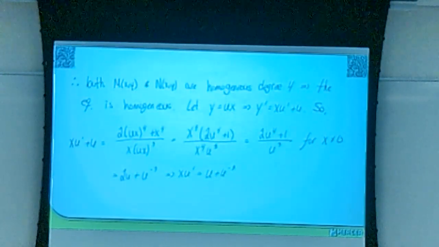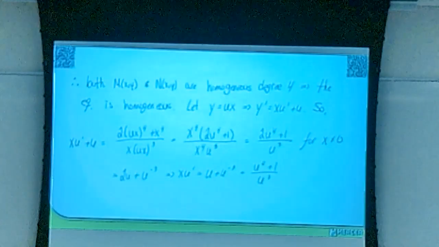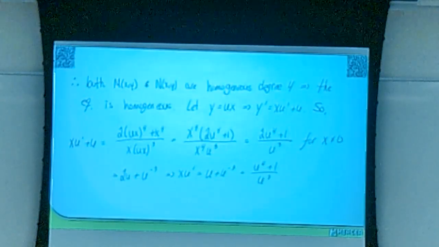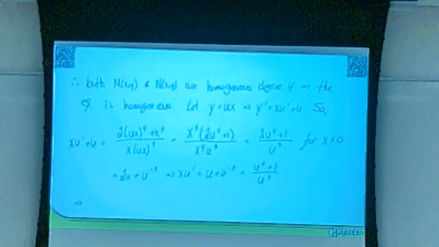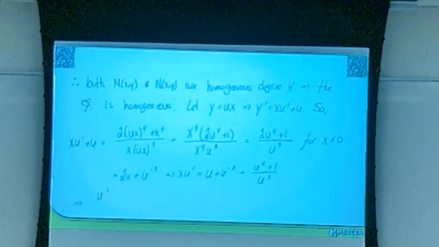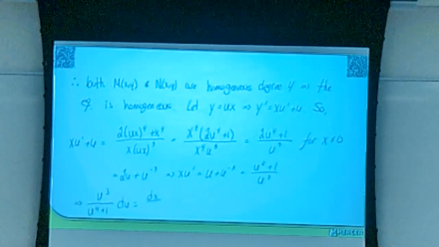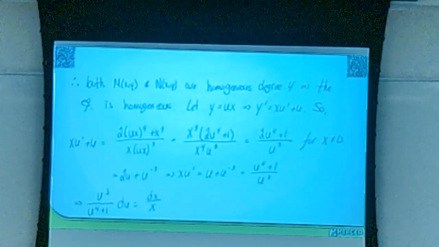Now, let's put that back as a single fraction. You should be able to see how this separates. u cubed over u to the fourth plus 1 du is equal to dx over x.